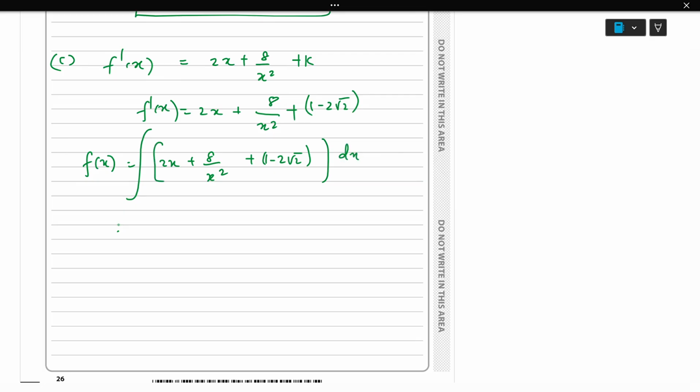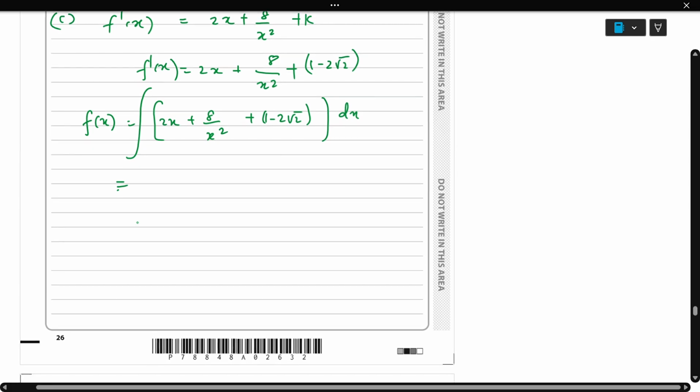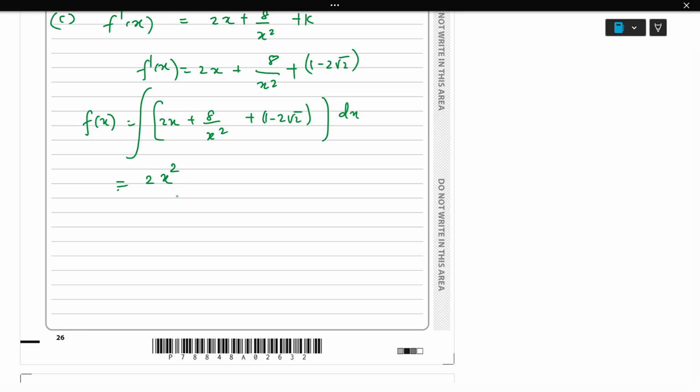So now I'll integrate step by step. The first part is 2 into x power, already 1 is there, so x square by 2, plus the second part is 8x power minus 2. So it becomes 8x power minus 2 plus 1, which is minus 1 over minus 1, plus this is a constant, so 1 minus 2 root 2 into x plus c.